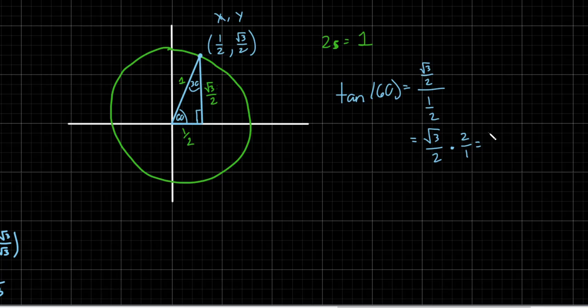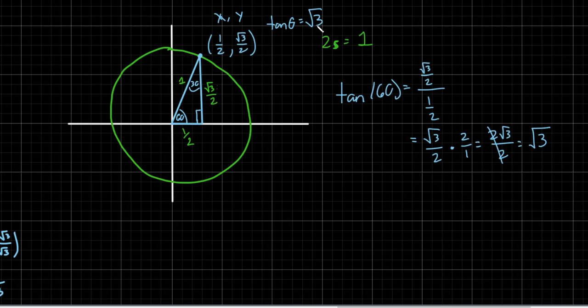Okay, let's multiply. So we have 2 square root of 3 divided by 2. Okay, what is it? Yeah, square root of 3. That's it. These 2's cancel out, and we're just with square root of 3. So we just found tangent here as well. So tangent of theta equals square root of 3.